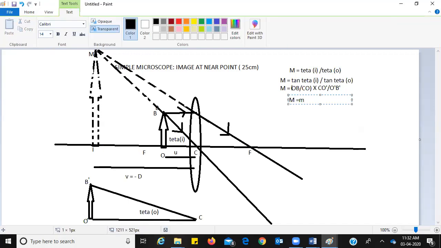OB and O dash B dash get cancelled, right? And what is left? CO dash by CO, which is V by U. That will be equal to V by U.